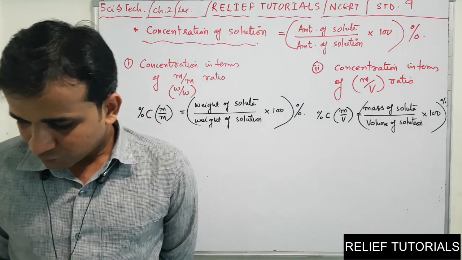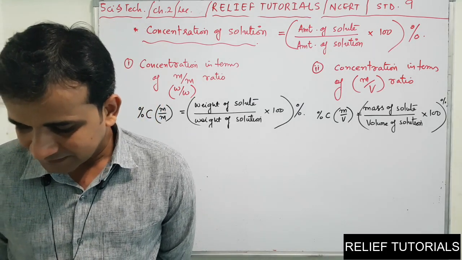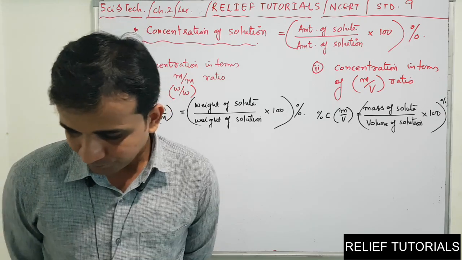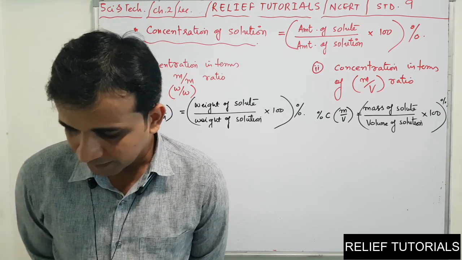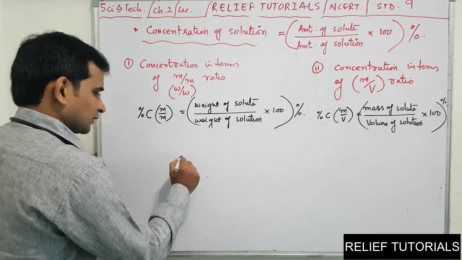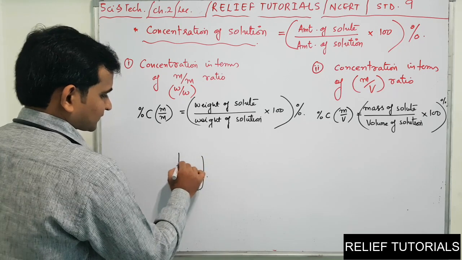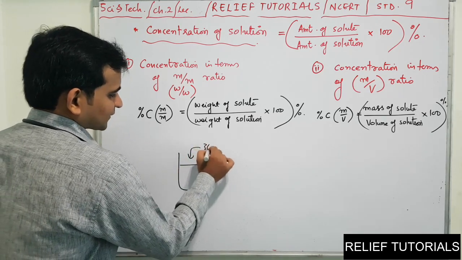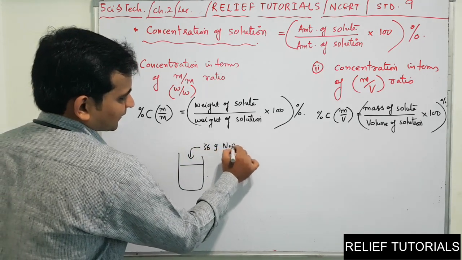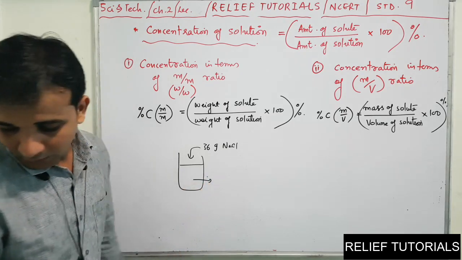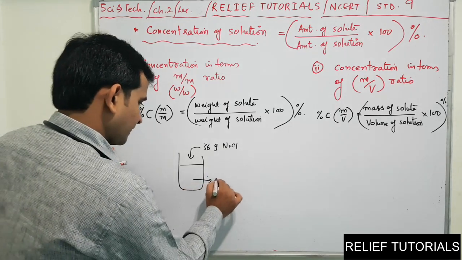To make a saturated solution, 36 gram of sodium chloride is dissolved in 100 gram of water. 36 gram NaCl is added to 100 gram of water.